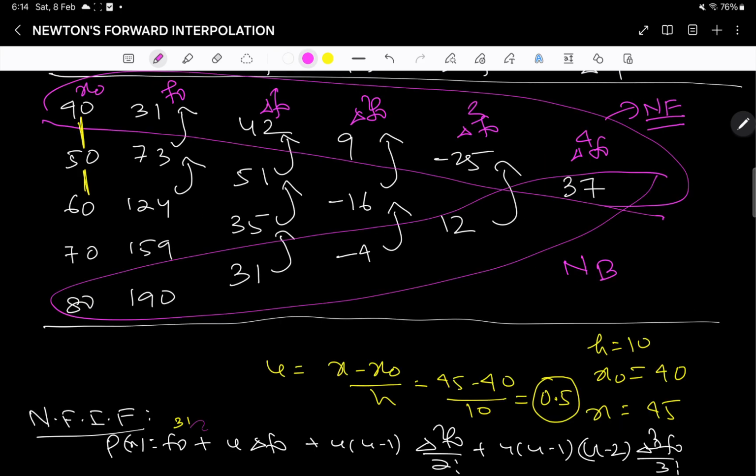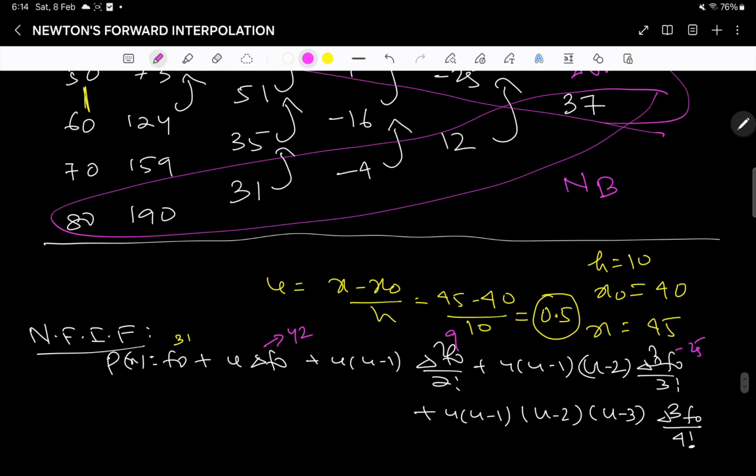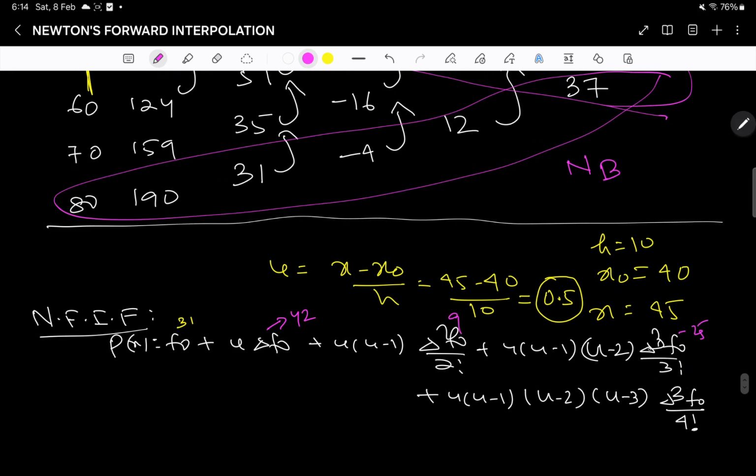So now I substitute everything. f0 is my 31 and del f0 is my 42 and del square f0 is 9 and del cube f0 is minus 25, del fourth f0 is 37, and u is my 0.5.